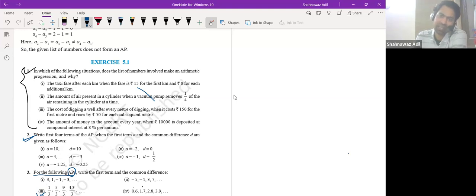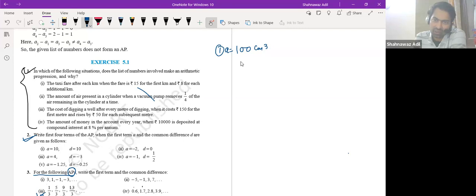We can do this question with many approaches, so let's try a simple approach. First, let us assume that the volume is 100. So 100 centimeter cube air is present. Let's assume that A is 100. Understood? Now the vacuum pump removes 1/4 of the air remaining in the cylinder at a time.